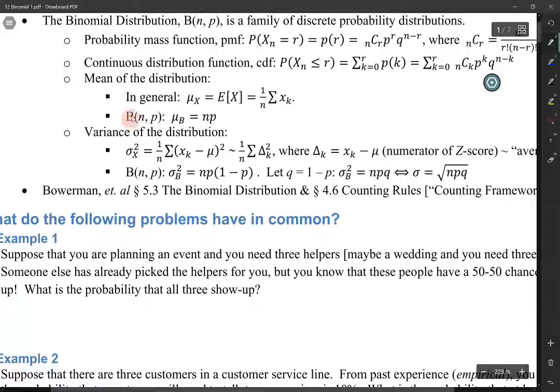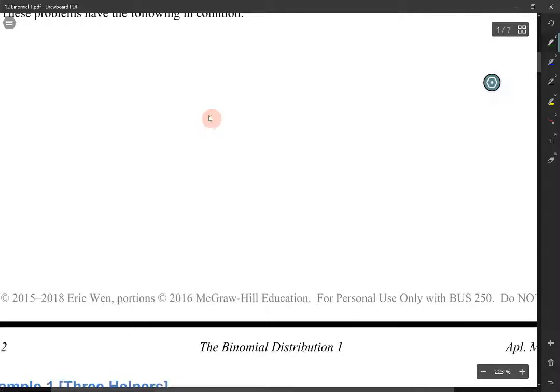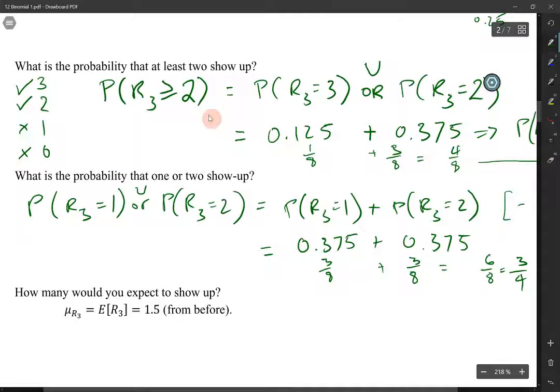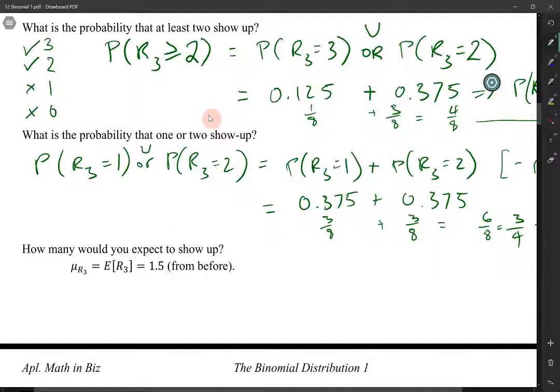However, there is a special case where in the binomial case, it's just NP. So we would expect NP to show up, where N is 3 and P is 0.5. So that's equal to 1.5. Hopefully that makes sense.